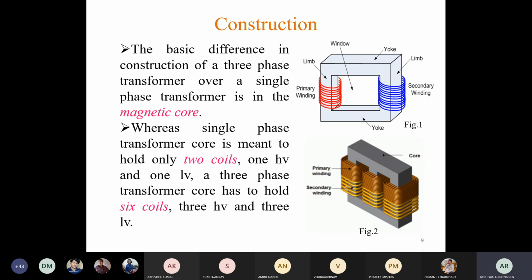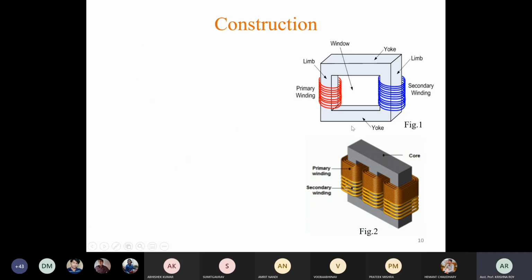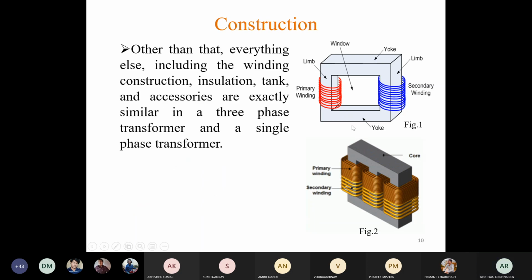Okay, here also the primary and secondary windings are shown separately, but in actual case, first the low voltage winding is placed nearer to core, and then some insulation, and over that the high voltage winding is placed. So here the main difference is the construction of core.